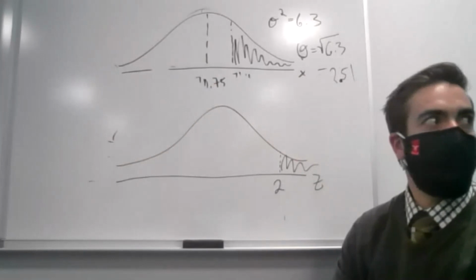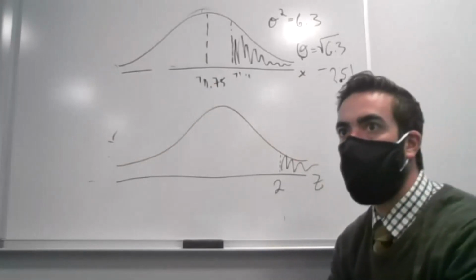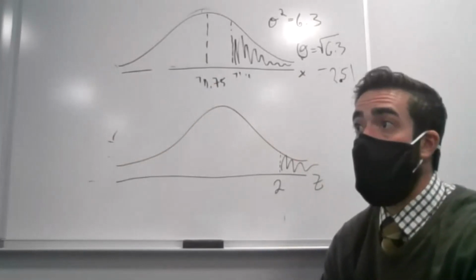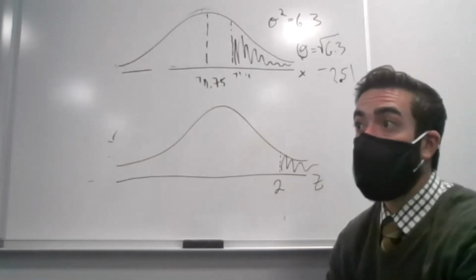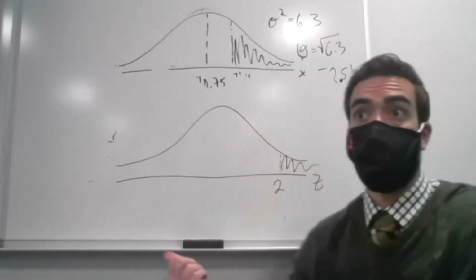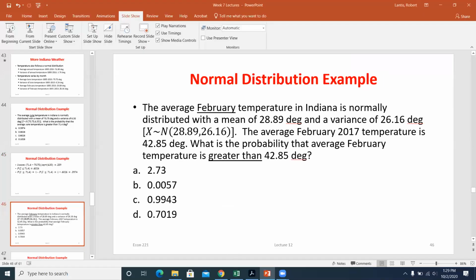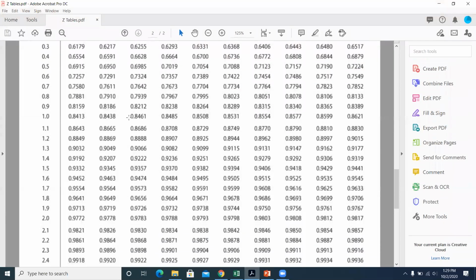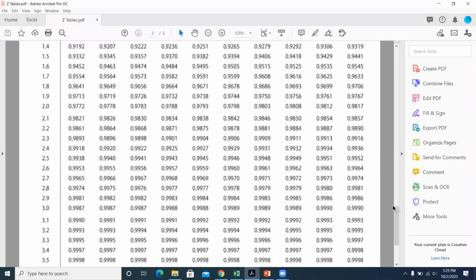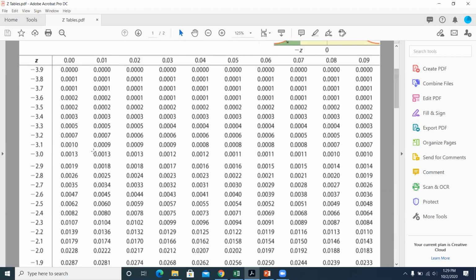And one thing I mentioned last class, if we think about what is a high z-score, 2 or more is pretty high. It's not very often you would even see a z-score of 2. In fact, if we look at our table, I'll do the negative side because that makes a little bit more sense. If I look at z-scores of -3, all these probabilities are essentially 0.